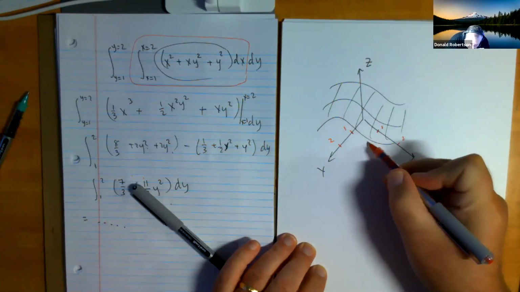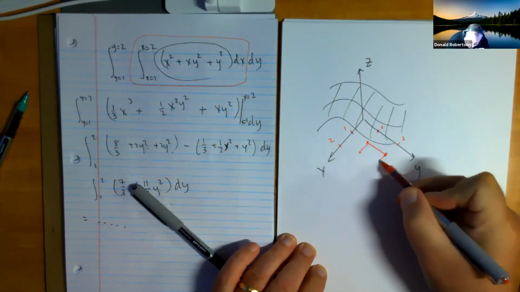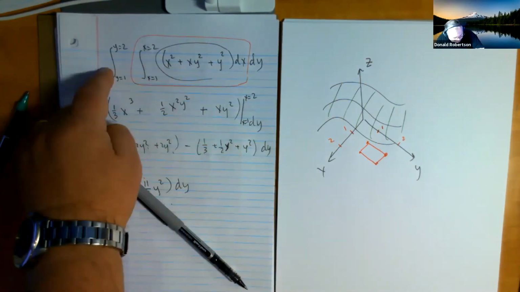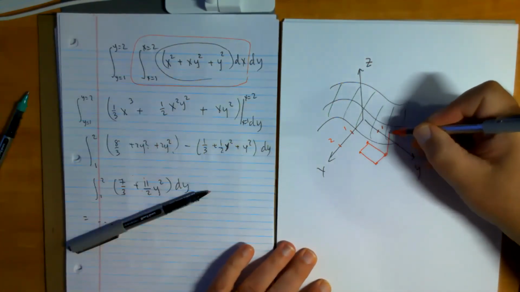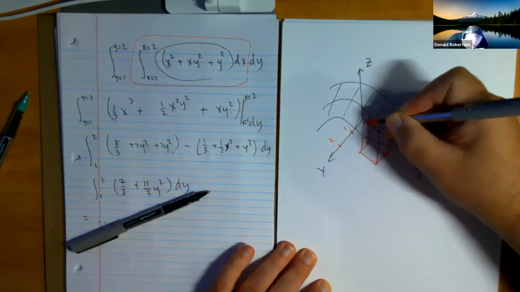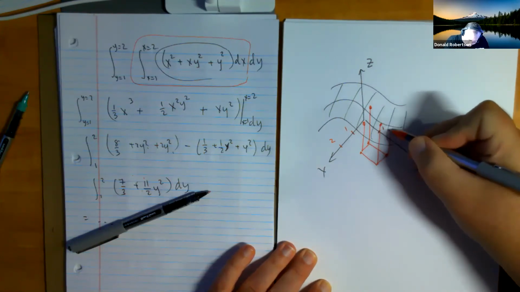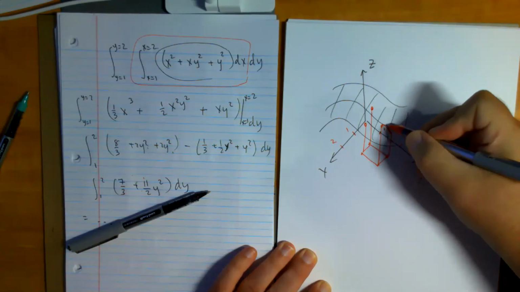So can you imagine there's a little rectangle here. This combined double integral, essentially, can you imagine this rectangle being projected up to the surface? And it will hit the surface at different points. Yes.